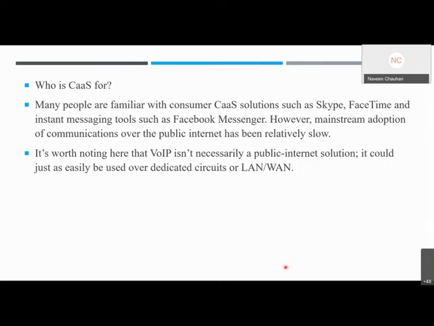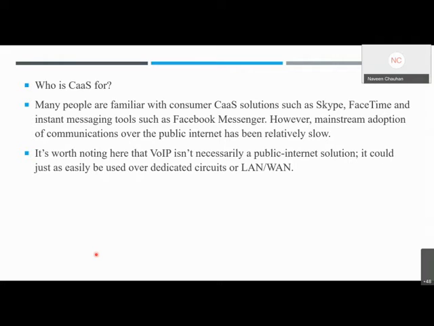Many people are familiar with consumer solutions like Skype, FaceTime, and instant messaging tools like Facebook Messenger. However, mainstream adoption of communication over the public internet has been relatively slow. But nowadays it is being utilized properly, and we don't have any hesitation in saying that these are the technologies which are the new normal in times to come.